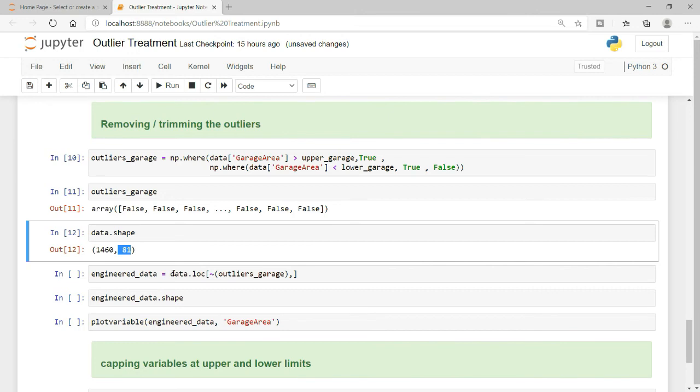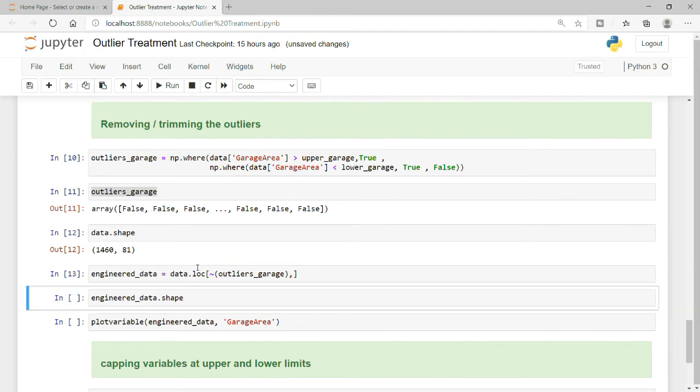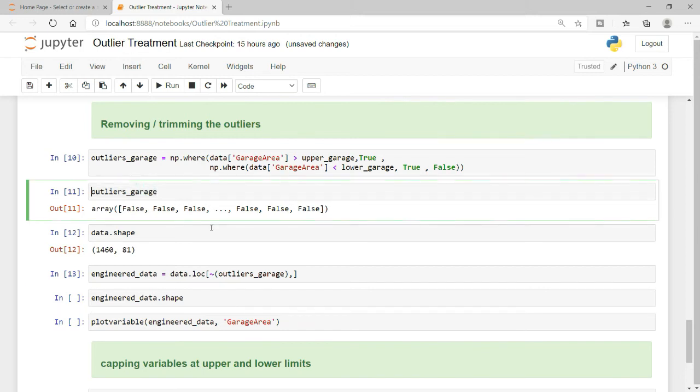Now what I will do, I will use this data.loc, and I will simply put a tilde and provide this outliers_garage. What it will do is simply exclude whatever we have here as true. So I have simply excluded all those observations which are true in this outliers_garage.